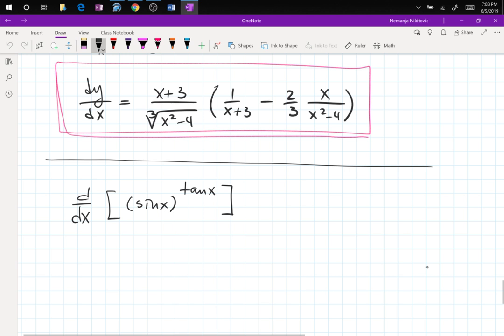Just multiplying both sin x and tangent x into ln sin x and ln tangent x. We use the logarithm to bring down the tangent x. Is that how it works? Yeah. Okay, I wasn't aware.